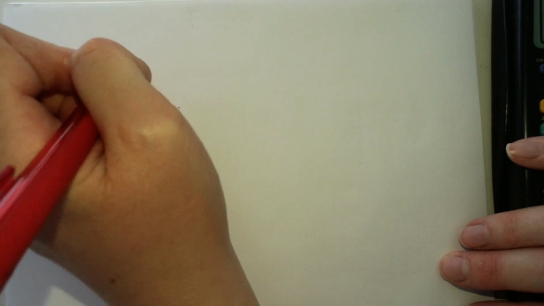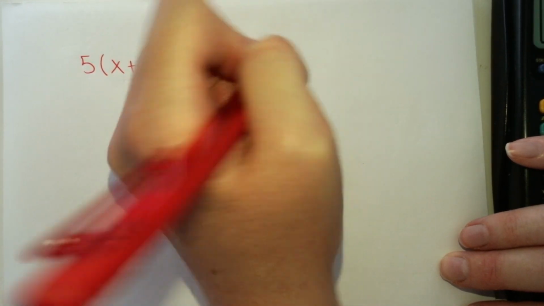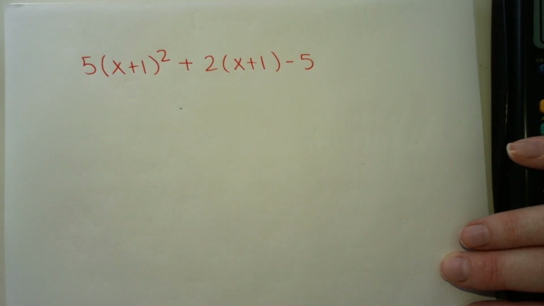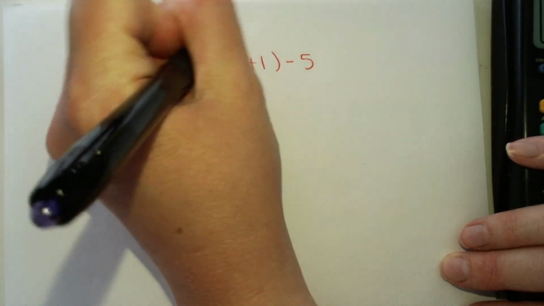So I'm going to do this off to a separate page. I have 5 times x plus 1 squared plus 2 times x plus 1 minus 5. The first thing I need to do is FOIL out this expression.